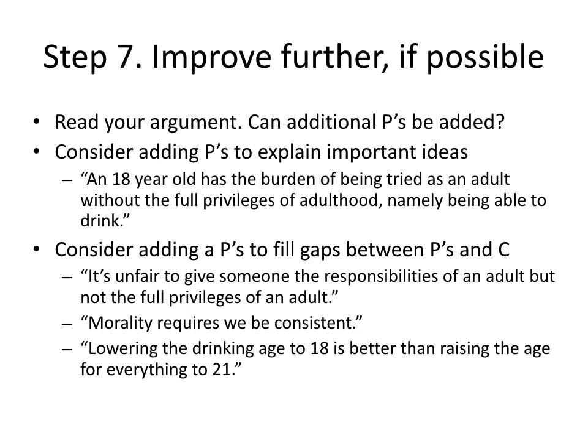For example, an 18-year-old has the burden of being tried as an adult without the full privileges of adulthood, namely being able to drink. Consider adding a premise or two to fill in gaps between the premises and the conclusion, such as it's unfair to give someone the responsibilities of an adult but not the full privileges of an adult.